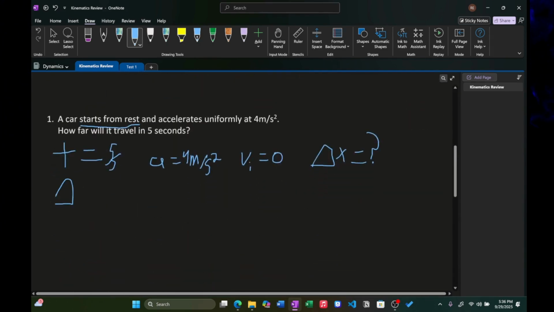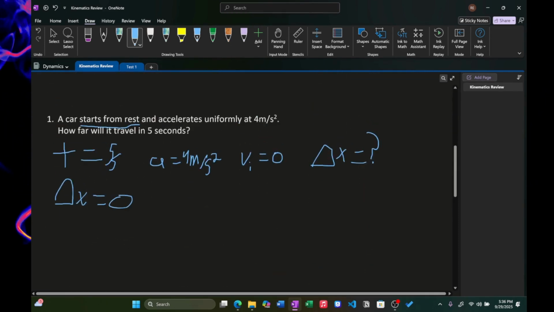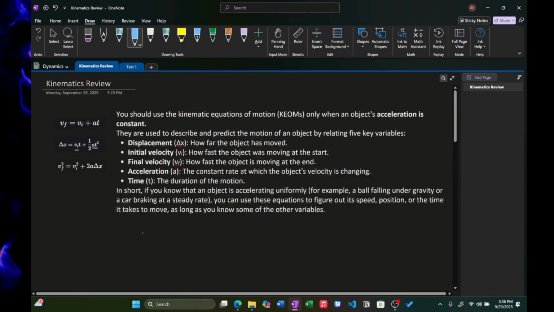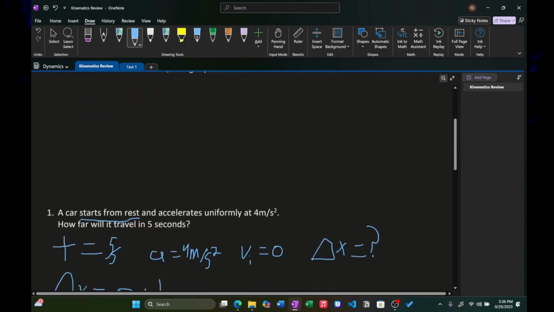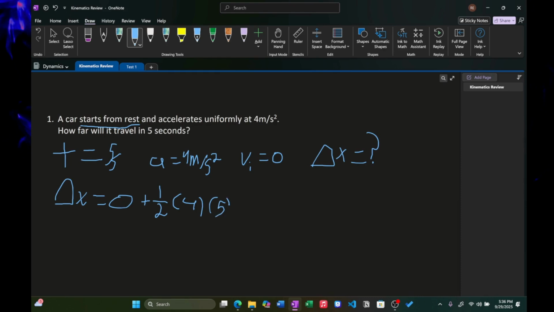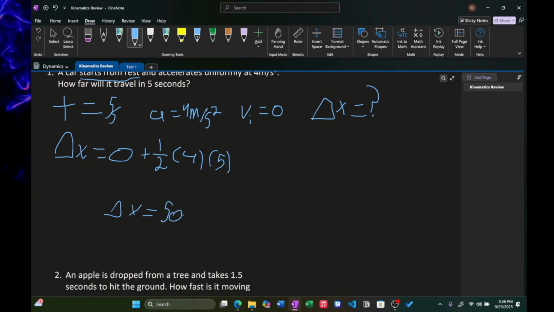Delta x equals v initial, which is 0, plus 1/2 times the acceleration, 4, times time squared. If we solve this, we will get delta x equal to 50 meters.